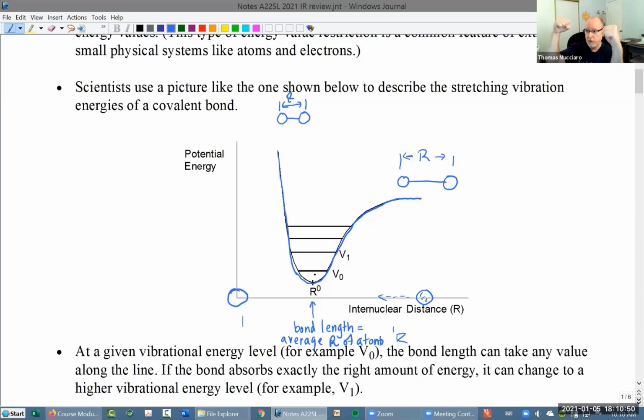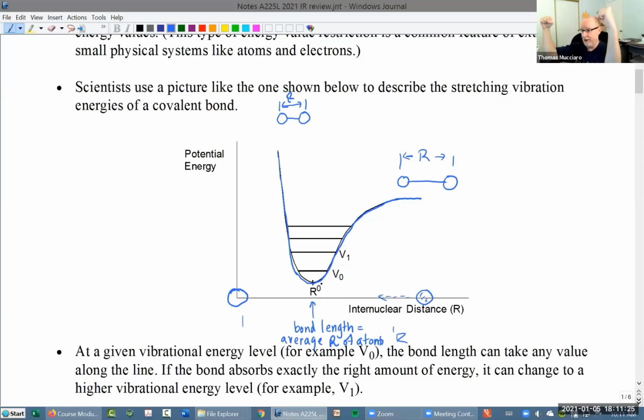They start moving together, starting out here, really far apart, and they move together until they're at that perfect bond distance. But when they're at that perfect bond distance, they've converted all that potential energy to kinetic energy. So now they're at that perfect distance, but they're moving really fast.